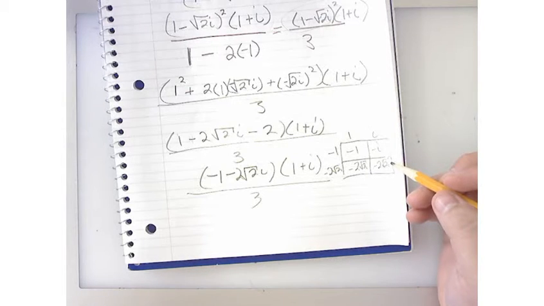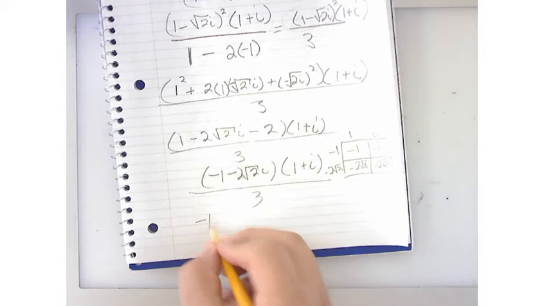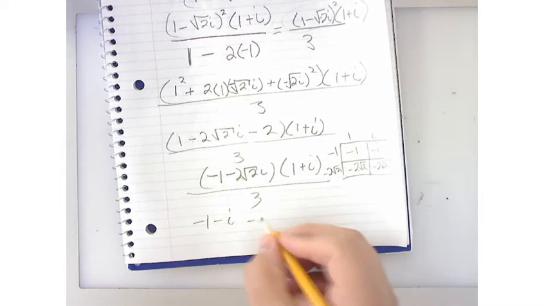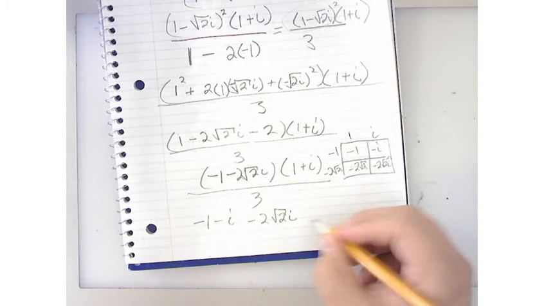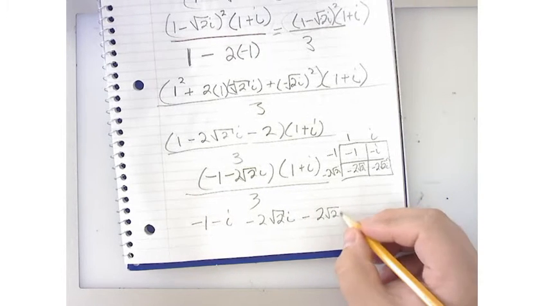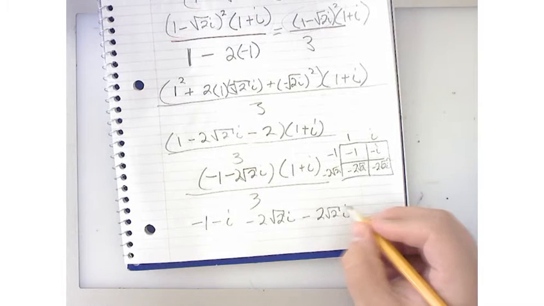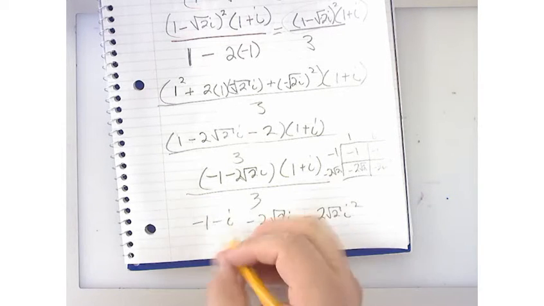So then on the next line I should have -1, -i, -2 times the square root of 2i, minus 2 square root of 2i squared, all over 3.